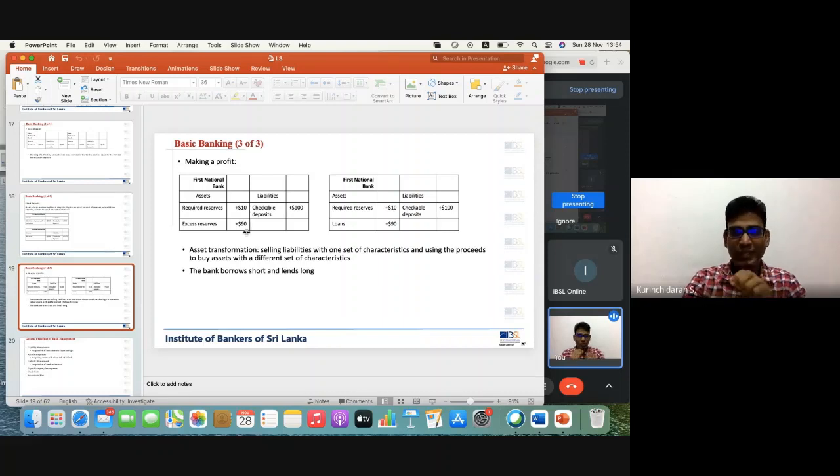Now you can use that. What are the banks going to do? They can lend, they can provide loans. If they give the loans, then in the First National Bank's balance sheet, the liability side has $100 in deposits, but on the asset side you see required reserves of $10 and loans of $90.